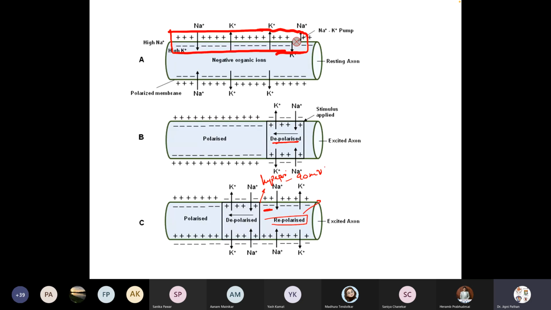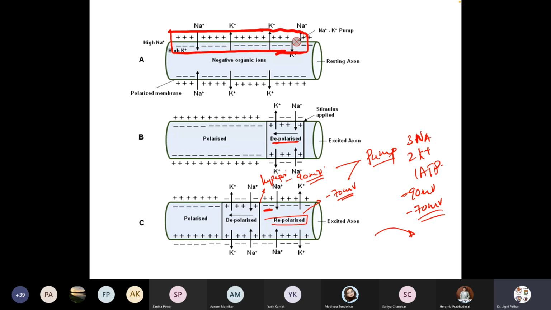We want to get back to minus 70 millivolt. To maintain from minus 90 to minus 70, who plays a role? The pump plays a role. By removing 3 sodium and bringing in 2 potassium using 1 ATP molecule, it comes from minus 90 millivolt to minus 70 millivolt, which is the resting potential.